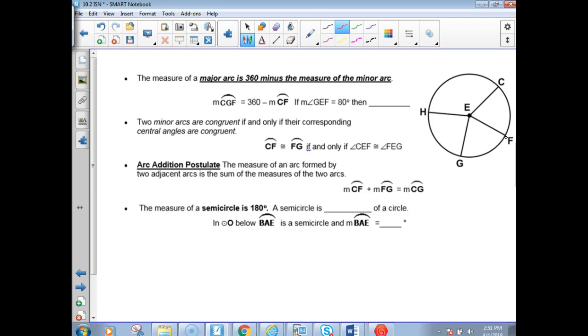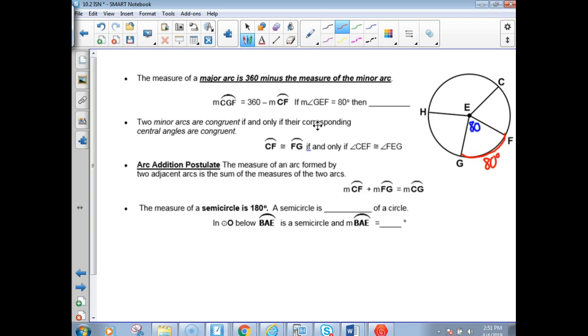Now, the way you would get that arc measure is you take 360 minus the CF arc, which is what would be left. Now we're going to do this example. If the measure of angle GEF is 80, which you already have drawn on your picture, and you have arc GF, that measure is 80 degrees.